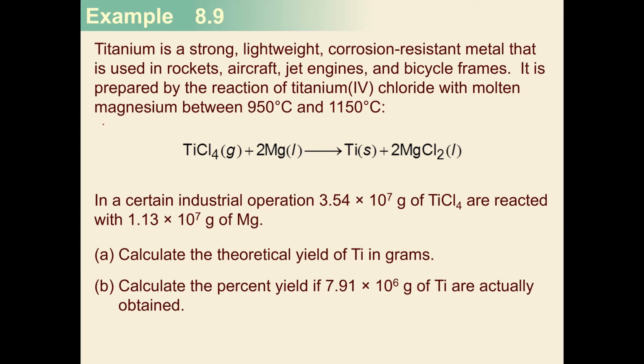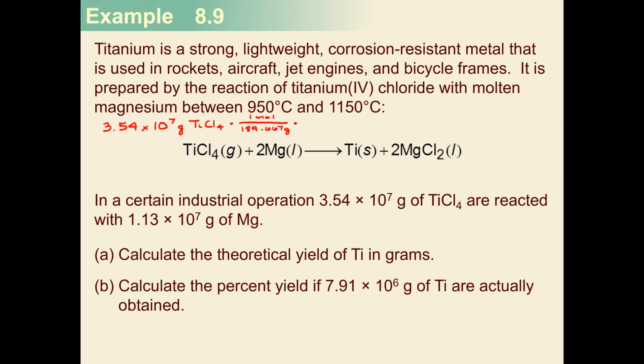So let us start with our titanium chloride. So we have 3.54 times 10 to the 7th grams of our TiCl4. We then have to go to moles. So we have 1 mole of that compound having a molar mass of 189.667 grams.